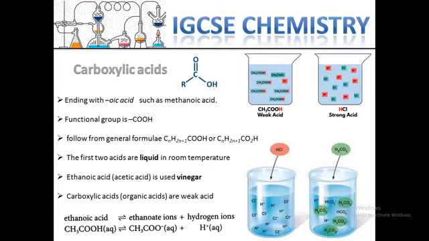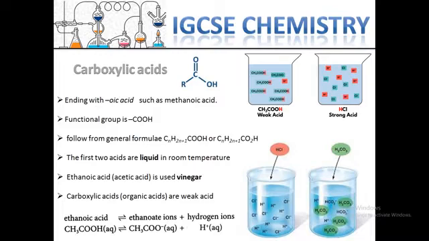If you reduce the temperature and apply pressure, they can solidify, and if you increase the temperature at low pressure, they can become gas. But at room temperature, the standard temperature, they are liquid.